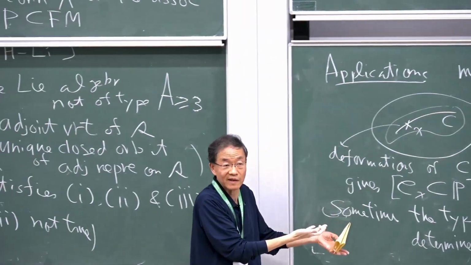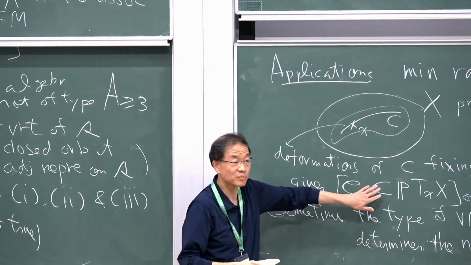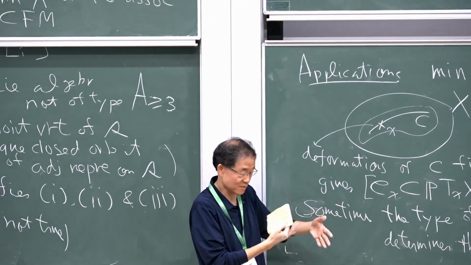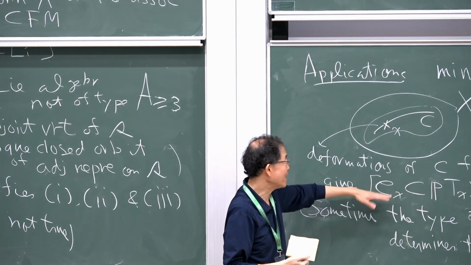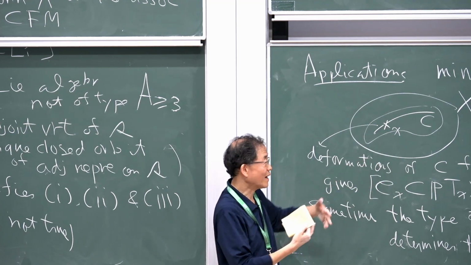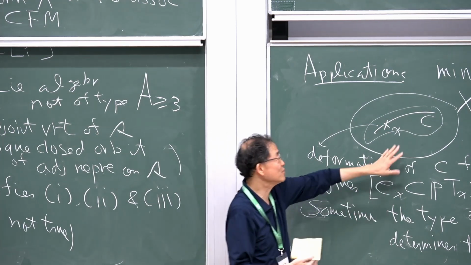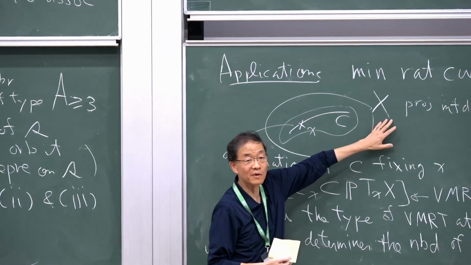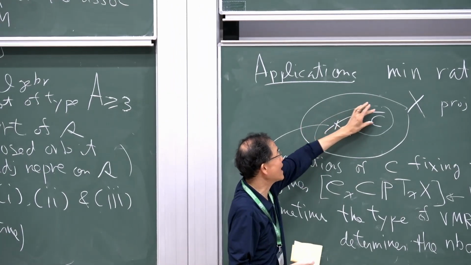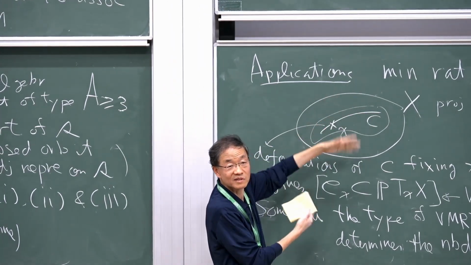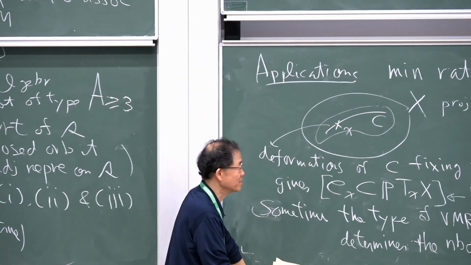Quite often, not always, but there are many cases where this happens. And what Jun-Muk explained is that if you assume X has Picard number one, then the neighborhood determines the manifold. So this has application in algebraic geometry.